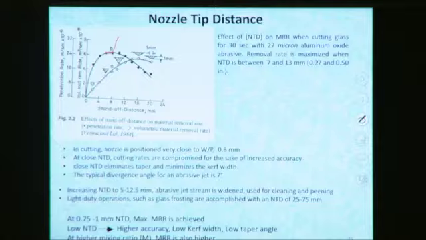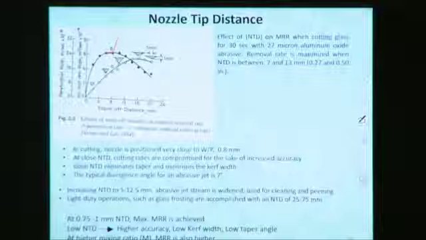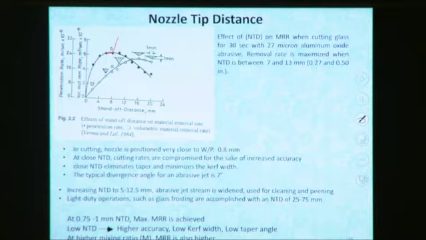Now, in cutting, just for the cutting action, the nozzle is positioned very close to the workpiece, at 0.8 millimeter. At a close nozzle tip distance, cutting rates are compromised for the sake of increased accuracy.